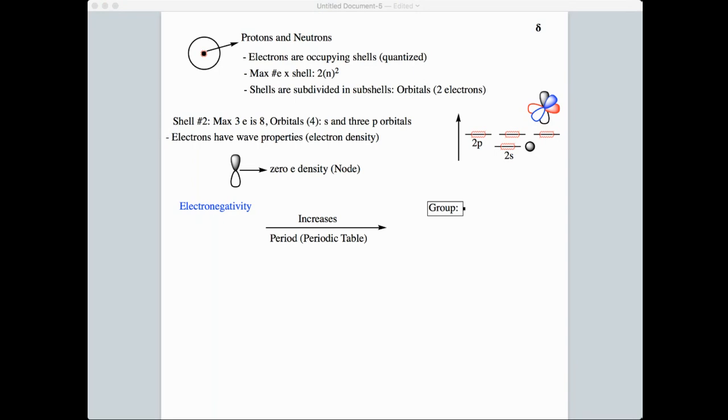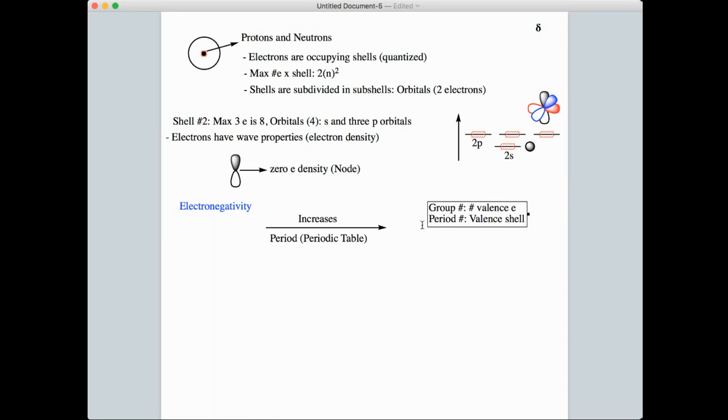It has four valence electrons, right? So the group number equals the number of valence electrons. What about the period number? Equals what? Exactly, the valence shell. The number of the valence shell, right?